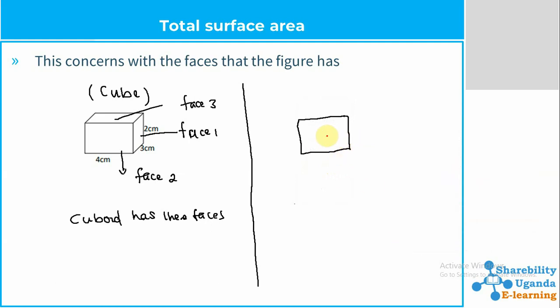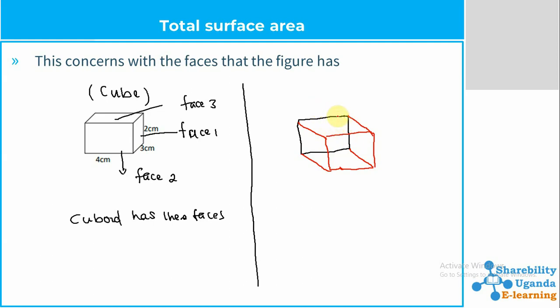So we want to look at cuboids that have more than 3 faces. So here is our cuboid with more than 3 faces. We want to understand how many faces a standard cuboid has.